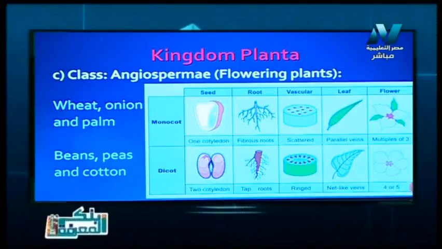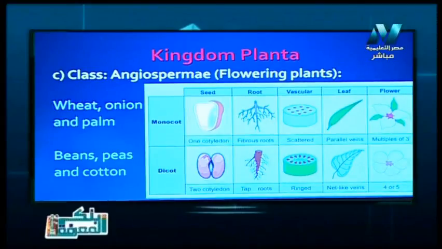The first row represents the monocotyledonous plants, which include onion, palm, wheat, and corn. And the lower row represents the dicotyledonous plants, which include beans, peas, and cotton.